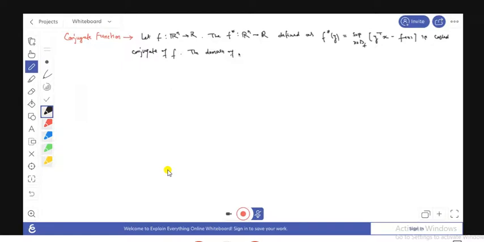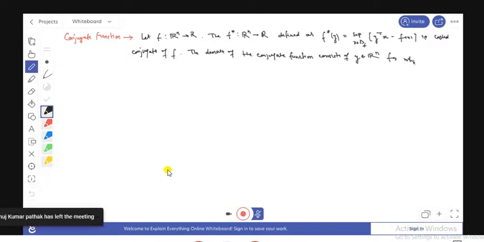And the domain of the conjugate function consists of those y, that is, the domain of the conjugate function, y belonging to Rn, for which the supremum is finite.